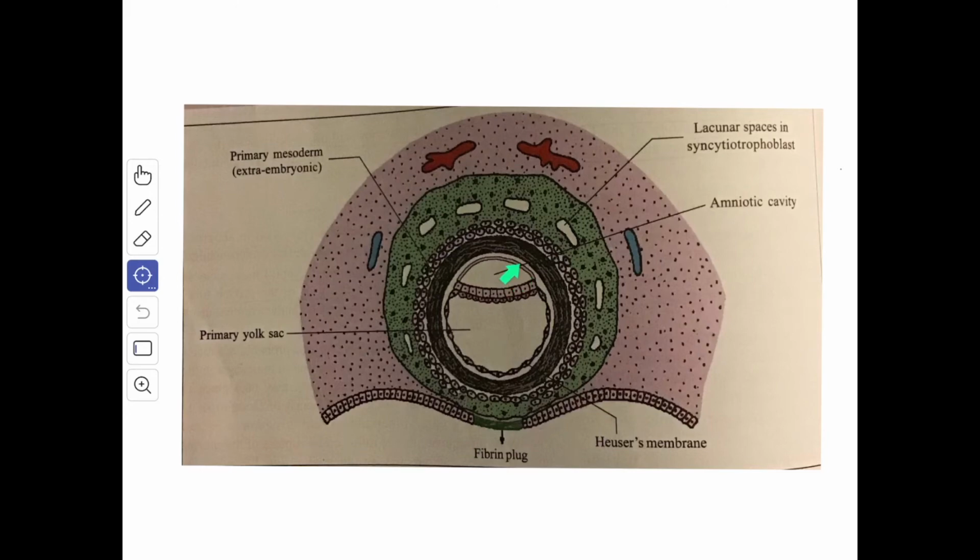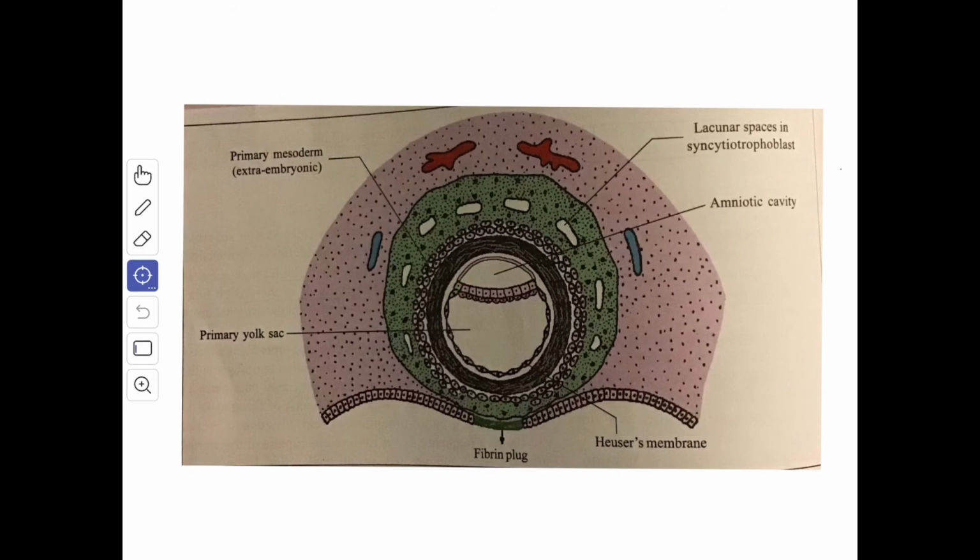The amnion and the ectodermal layer meet at the periphery, which is called the amnio-ectodermal junction. As the development proceeds, the amniotic cavity enlarges by the addition of new amniogenic cells from the adjacent cytotrophoblast.